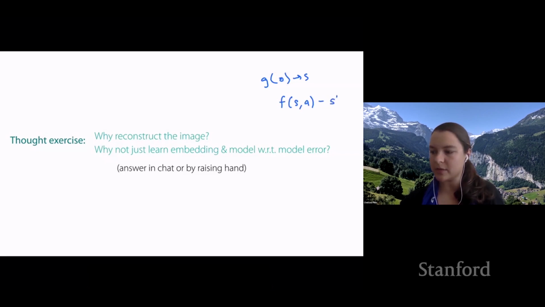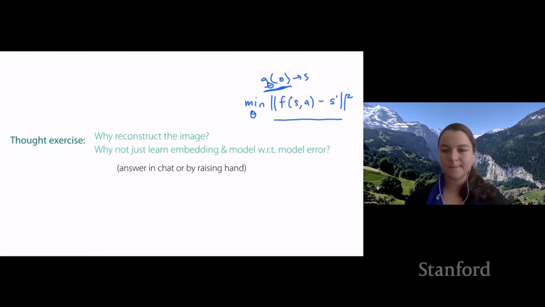So say we're just trying to minimize this with regard to the parameters of G, where you set S to be the output of G. What would happen if you tried to optimize this embedding with regard to the model error in your latent space?